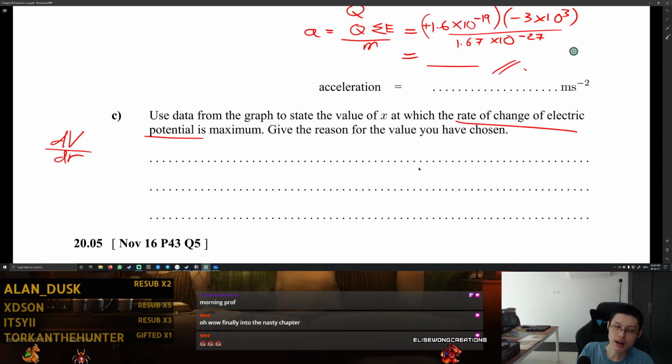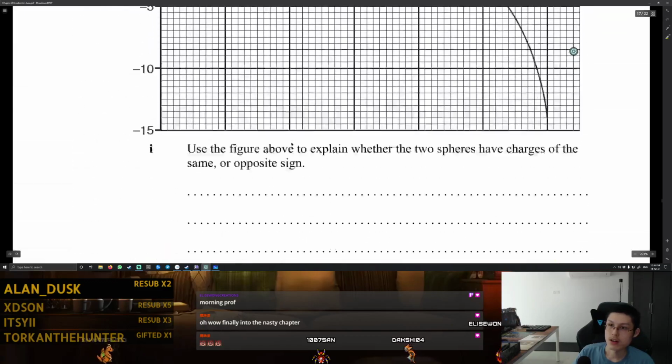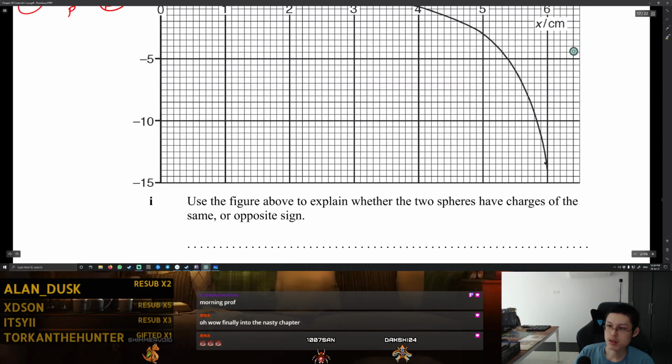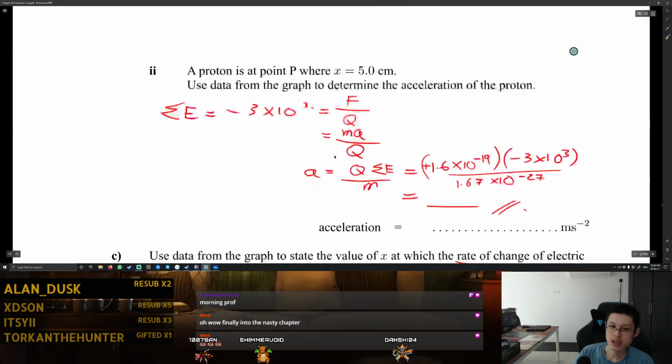So what is dV/dr and how is it related to E? So we know that dV/dr is equal to negative E. So we're looking for E, where E is some maximum negative value. So the maximum negative value is probably this guy here, right? Which is -14, I guess.